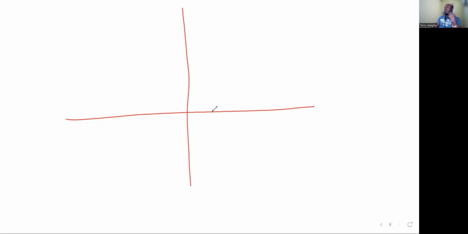So let's just say this is 1, this is 2, this is 3, this is 4, this is 5. So this is the x-axis. And we have minus 1. This is too close, so let's say we have somewhere here, minus 1, minus 2, minus 3, minus 4, and minus 5.